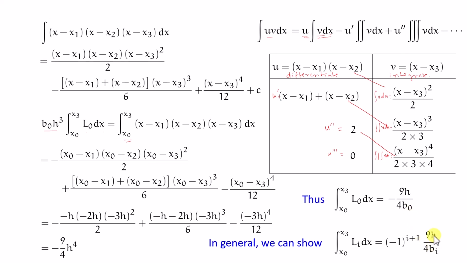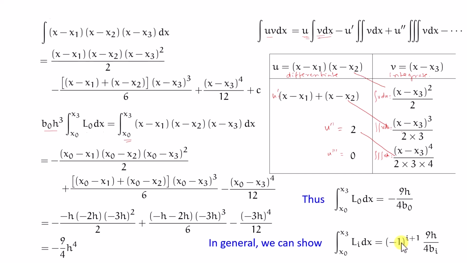So it will come to 9h by 4 bi, whatever the b for that Li. And some of them will be negative, some of them will be positive. L0 is negative, and L2 will be negative. So this is minus 1 to the power i plus 1, L0 with i equal to 0, so this is minus here. For L2, this would be simply 1. And for L3, again it will be negative, etc.